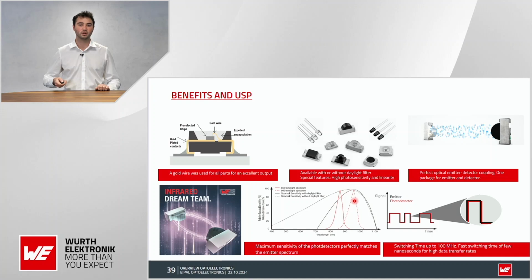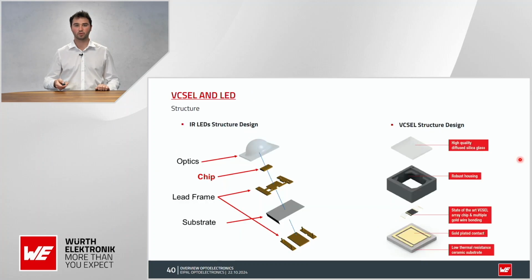You see, okay, they coincide. So you have the maximum amount of sensitivity of the phototransistor or diode where the LED sits. And those single components you mainly use to transfer some data or to build your own little optical sensor with this.